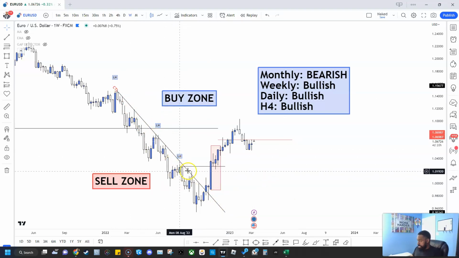So this lower high right here was broken by, I'll say 1, 2, 3, 4 candles. I wouldn't stop at this candle because, you know, it doesn't look that strong. It doesn't give me a lot of confidence. So I would go to the next candle.